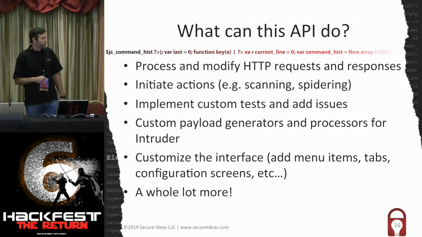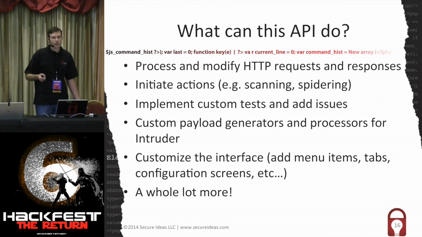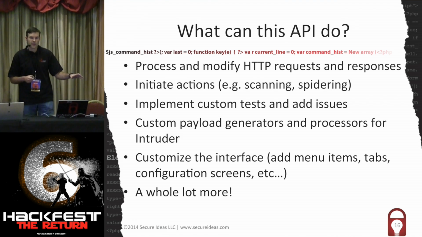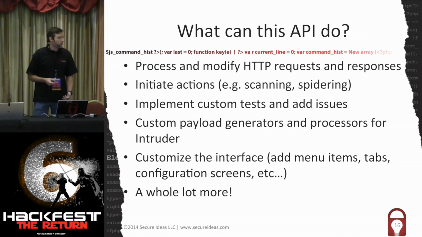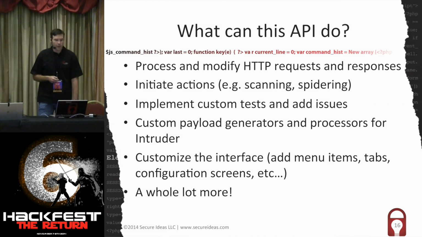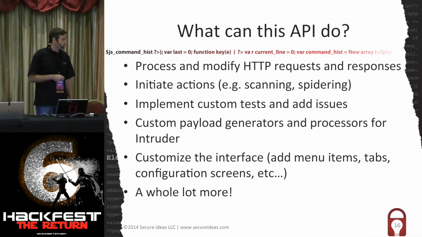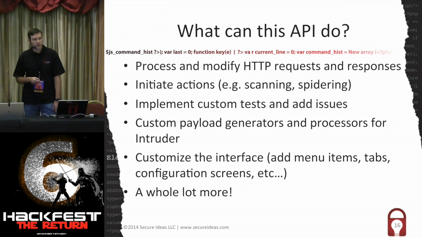So the API itself, what can you do with an extension? Well, remember that slide I showed that had all of those different tabs on there, all the different things you could do in Burp? You can interact with a lot of what's there. You can issue requests. You can add things to the list of findings within Burp. You can create custom payload generators.